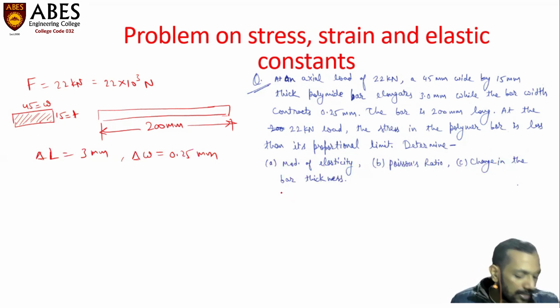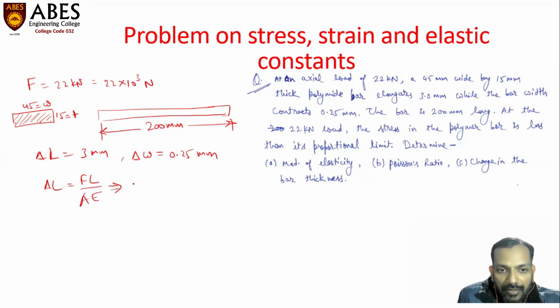So first of all, let's use the formula of elongation. Delta L is equal to F into L upon A into E. From this, we can calculate the value of Young's modulus. E is equal to F into L upon A into delta L. Let's put the values. E is equal to, the value of F is 22 into 10 raised to the power 3 multiplied by length.